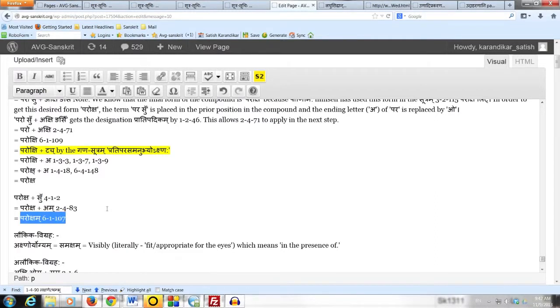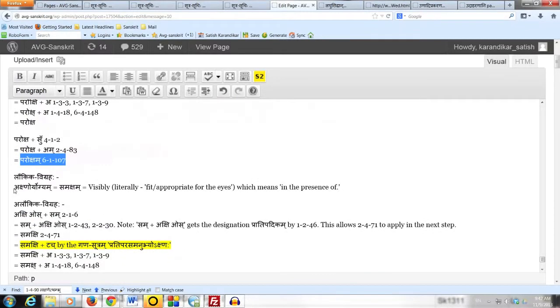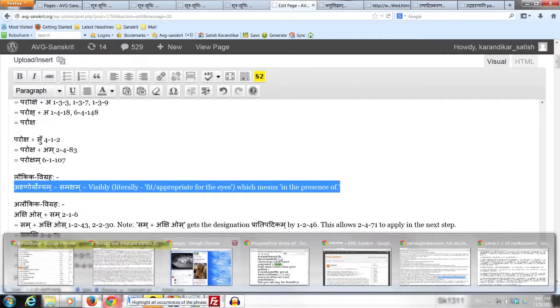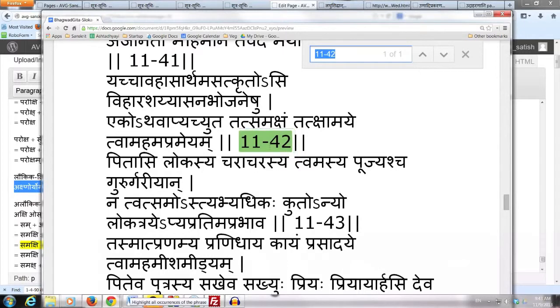Another example here is akshnor yogyam samaksham, visibly, literally meaning fit or appropriate for the eyes, which means in the presence of. This compound has been used in the Bhagavad Gita chapter 11 verse 42. Eko thavaapyachuta tat samaksham. Tat samaksham is a compound meaning tesham samaksham, which literally means fit for their eyes, meaning in their presence.